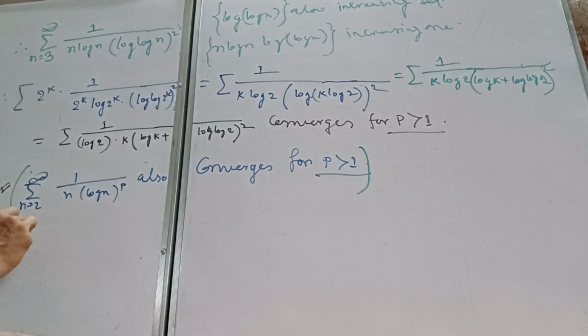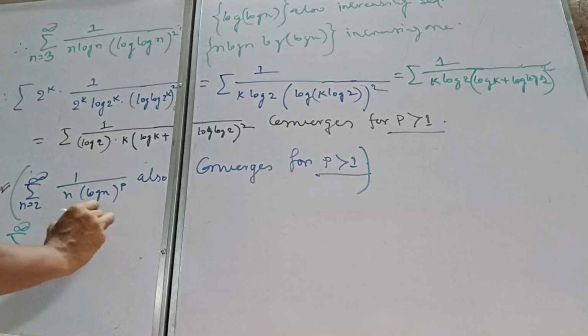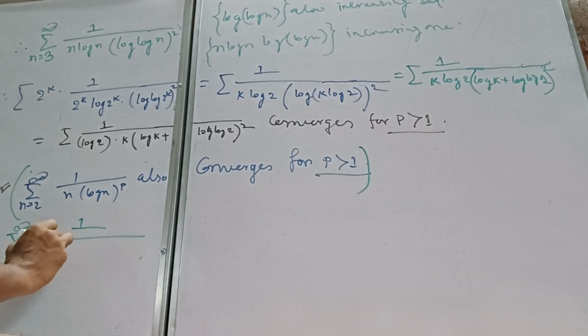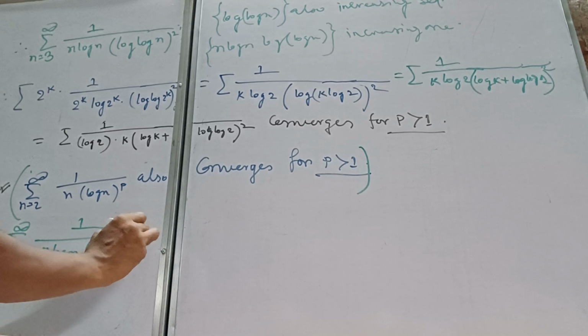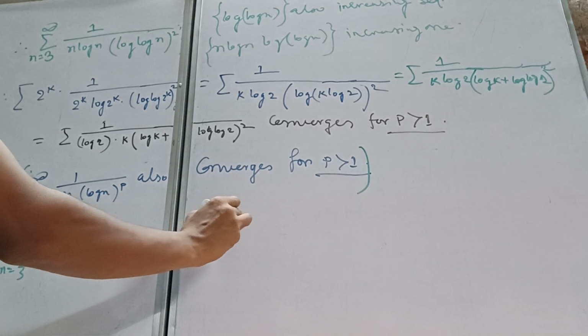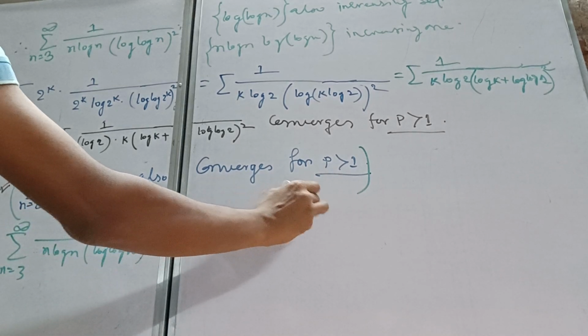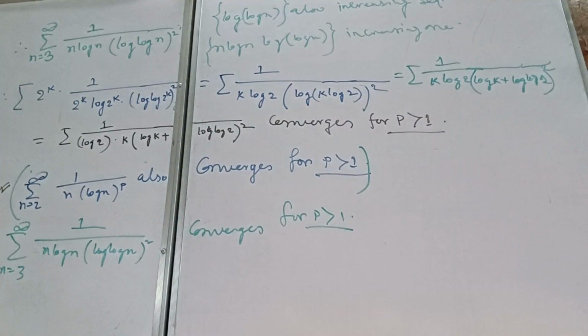Summation n equal to 3 to infinity 1 by n log n (log of log n) squared converges for p greater than 1.